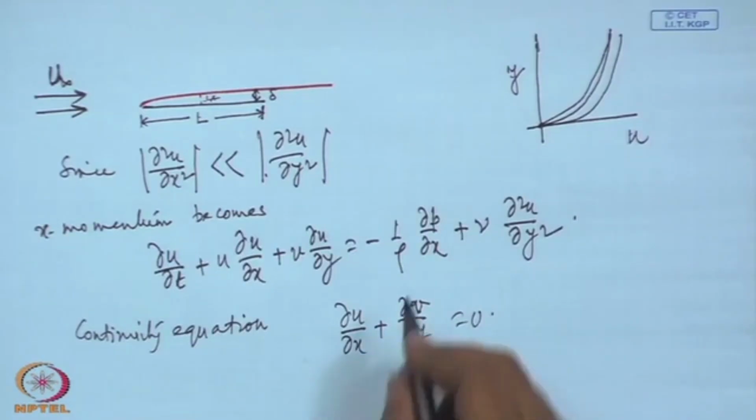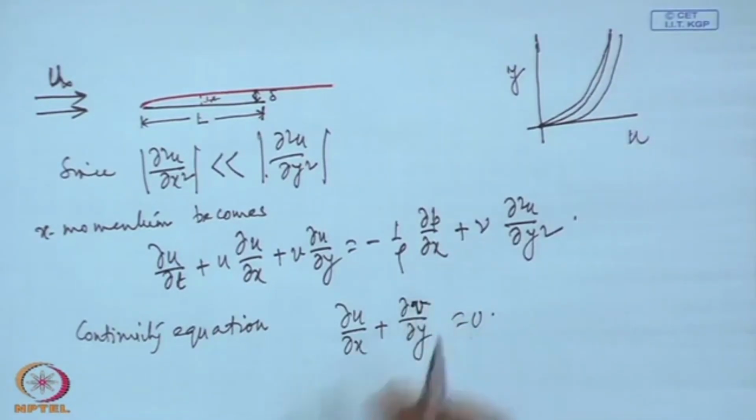Now, what this equation suggests? That these two terms have same size, because the two terms add to 0. So, their magnitude is same.